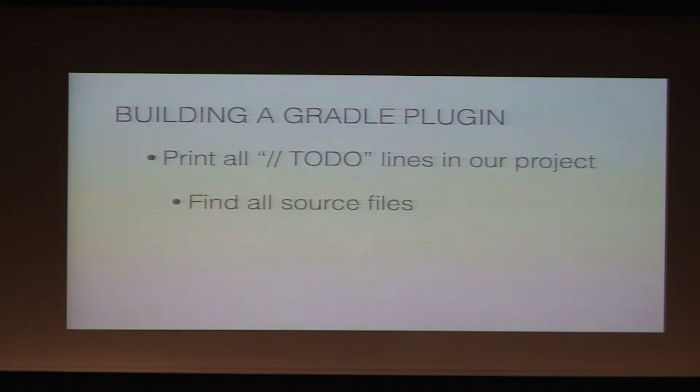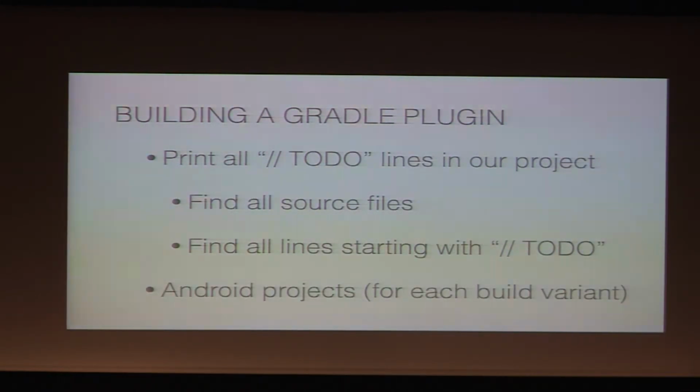So for that, we're going to find all the source files in our project. Would it be Java, Kotlin, and many variants. And we're going to look at all the lines that start with to-do in the comment line. And of course, as I said before, we're going to look for that in every variant because we have the main, which is the basic variant we have. We can have as many as you want actually.